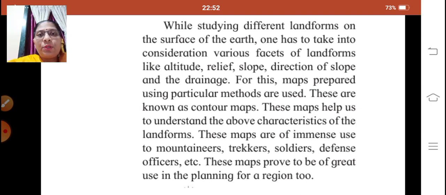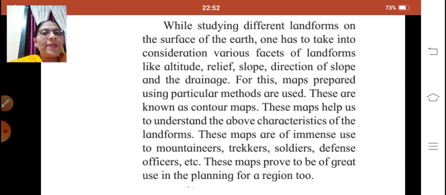And these contour maps are of immense use, means they are helpful to the mountaineers. Those who go to the mountainous regions know where the slope is gentle, where the slope is steep, which region has the steep slope, what is the direction of the slope, and what is the flow of water over there.